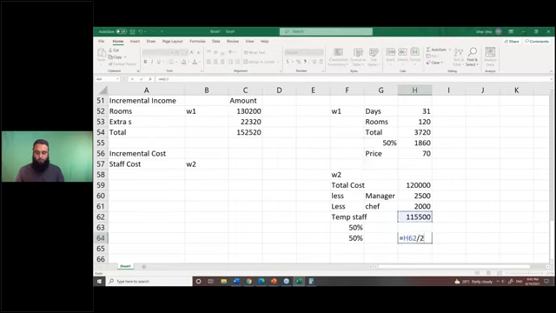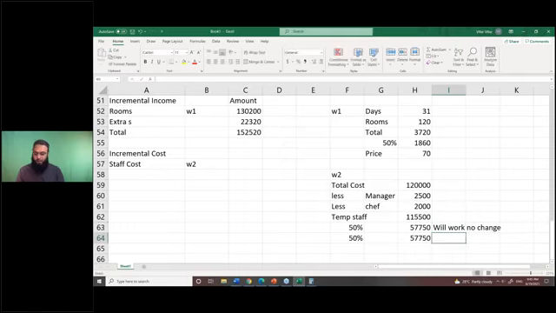this is quite clear that this 50% will work, no change, in the same way, okay? But this 50% will now move to 50% from 90%. Are you getting my point? I hope you are getting my point. So this 50% of temporary staff will not change. This cost will remain the same.